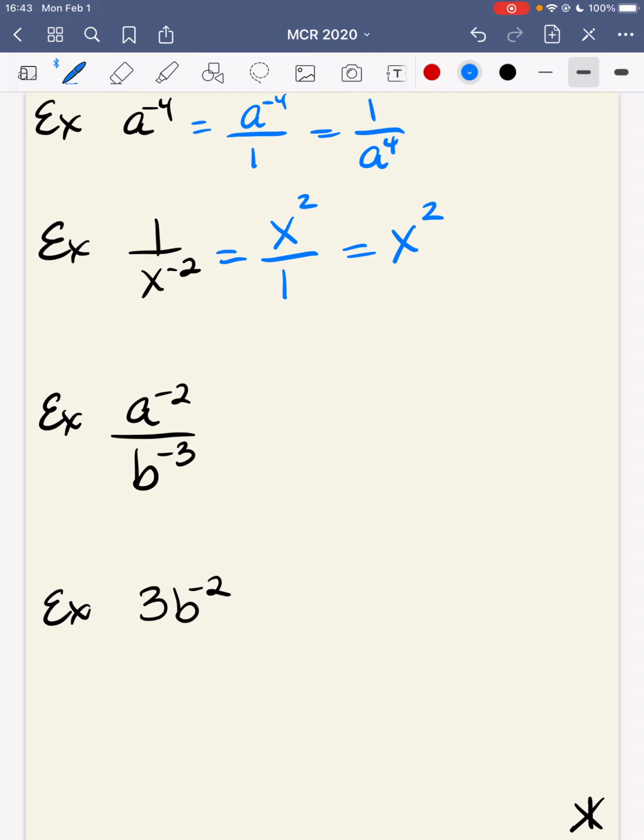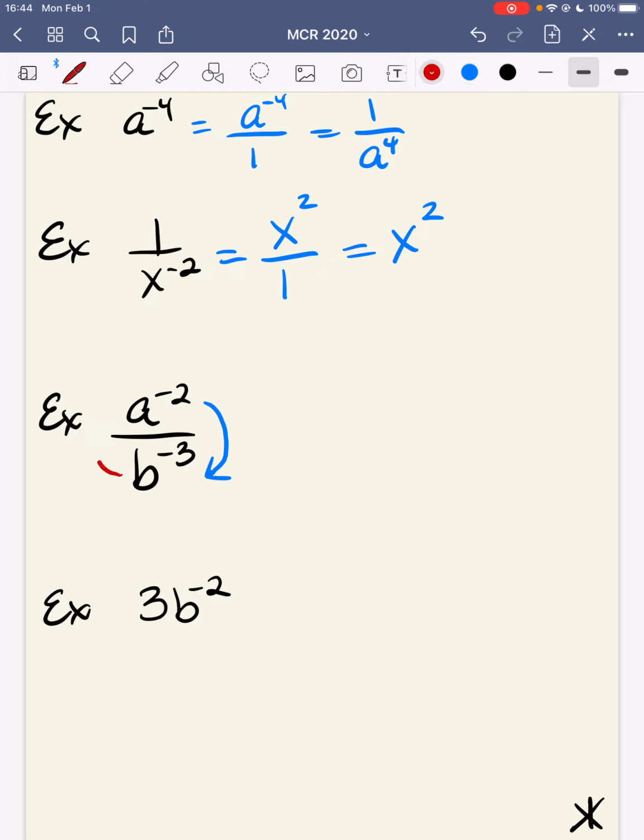Okay? Now, if I have a fraction where the top is negative and the bottom is negative, they both need to switch places. How you want to think about negative exponents is they're unhappy and they need to move. So my a to the negative 2 wants to go to the bottom of the fraction.